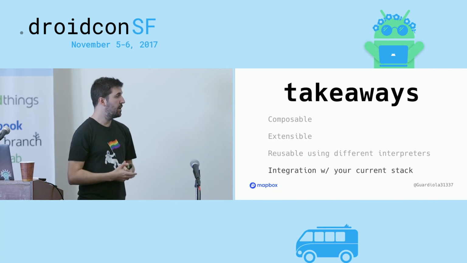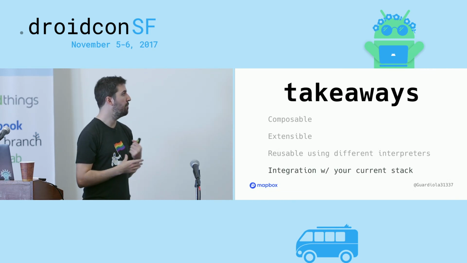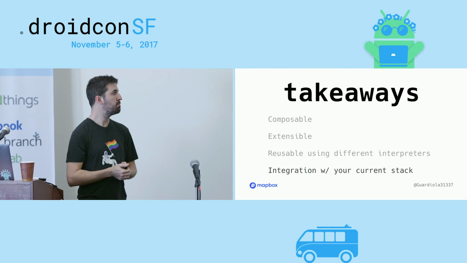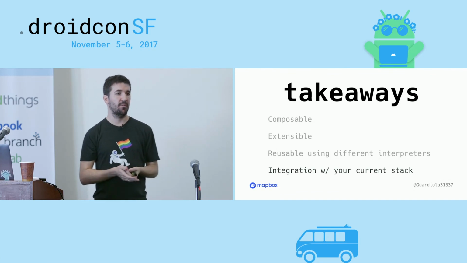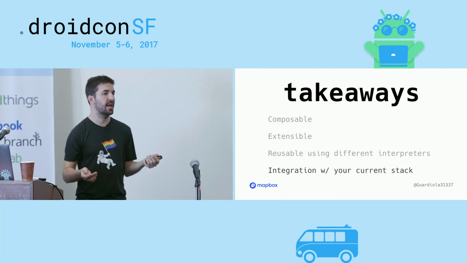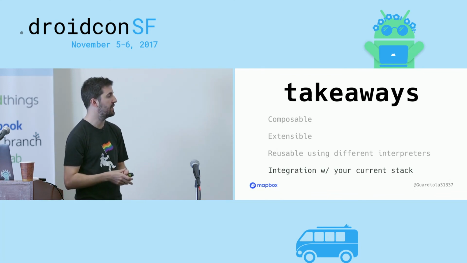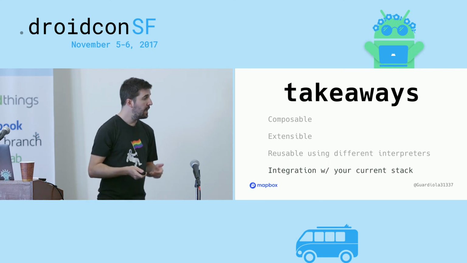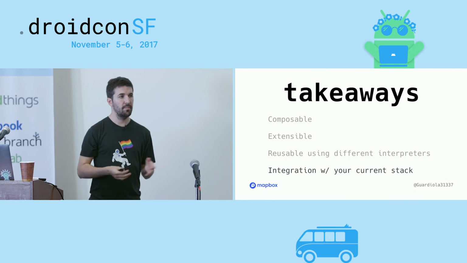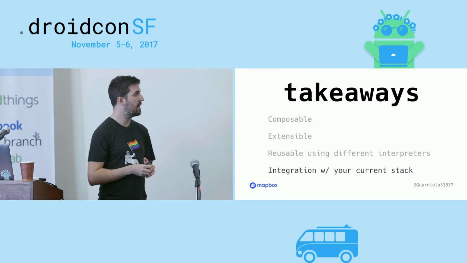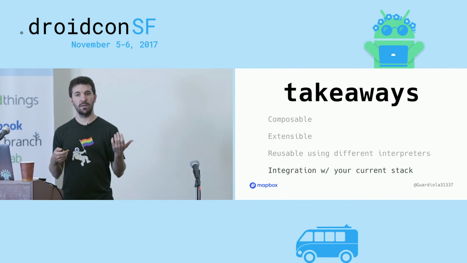Also, using Arrow and this approach, you won't have any problem if you are using any other frameworks within your application. And because of Kotlin and the compile-time checks, this is really good.